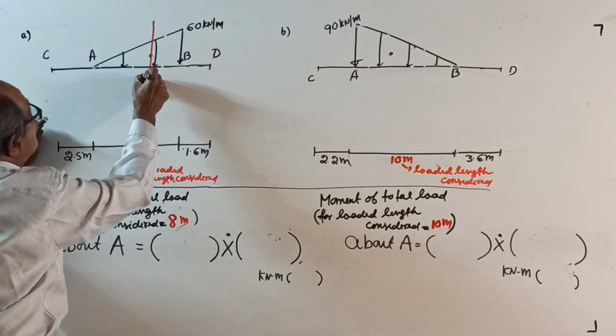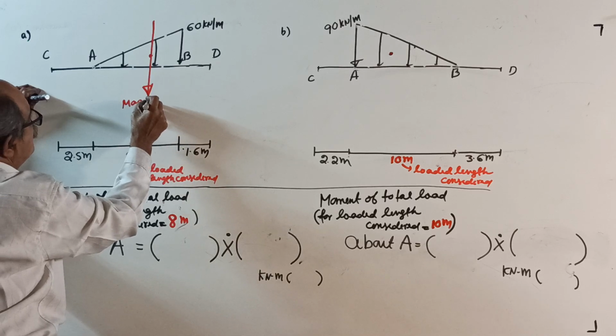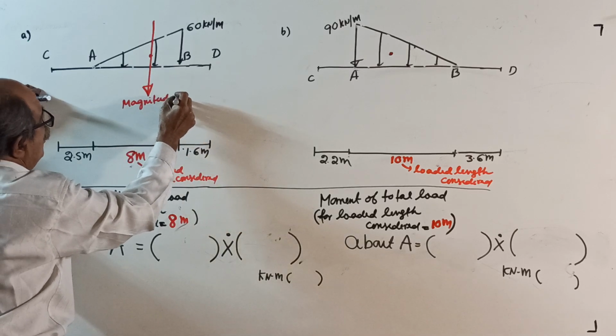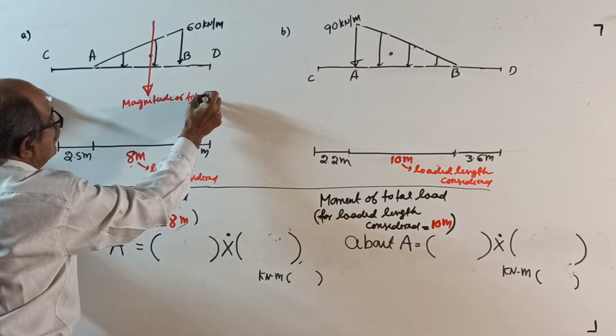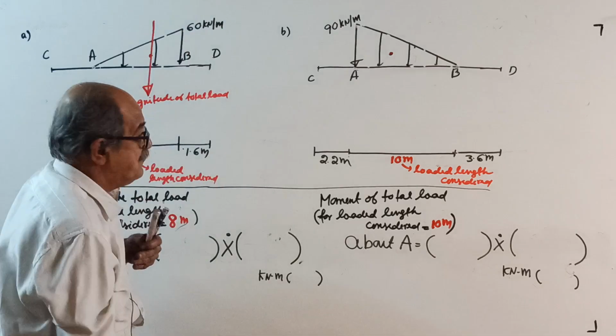Solid line. Magnitude of total load. I told last time, when you write magnitude, it should come like this.